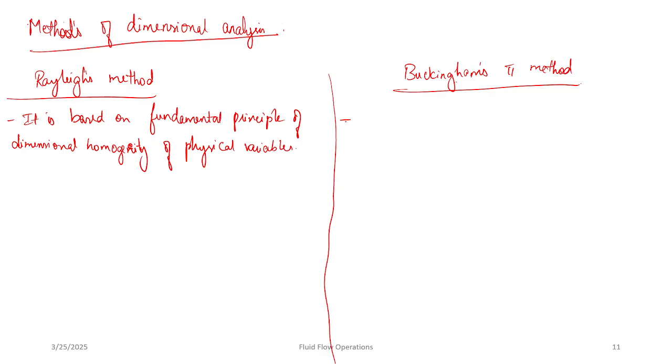And Buckingham pi method relies on the identification of variables involved in the process. Further, a few of these have to be marked as repeating variables, depending upon the system that you are considering.